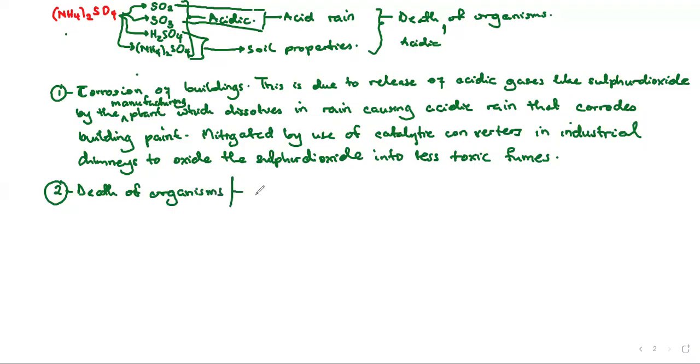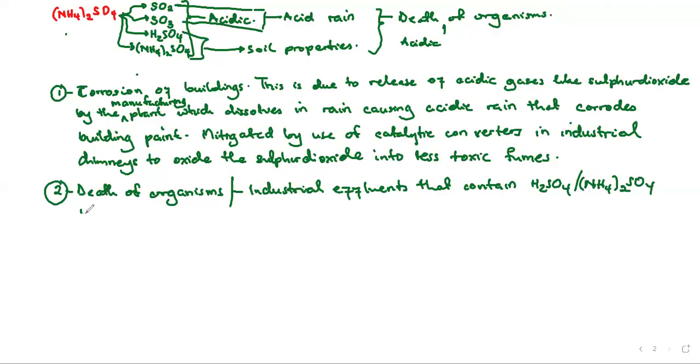The explanation would be release of industrial effluents that contain sulfuric acid, if not ammonium sulphate, which are acidic, thus alter pH of either soil or water, depending on how you've phrased this answer.